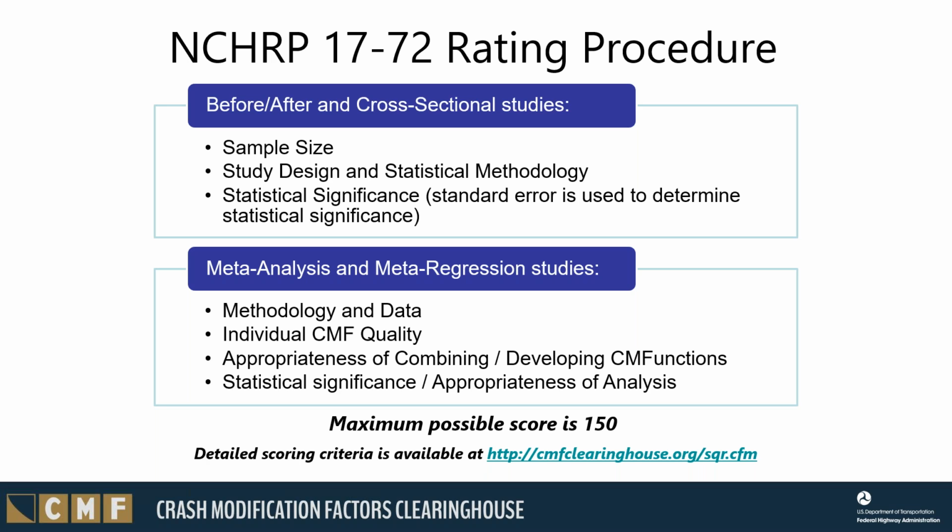Whereas the ratings for meta-analysis and meta-regression studies consider factors such as data, methodology, the individual CMF quality, the appropriateness of combining CMFs, the CMF significance, and also the appropriateness of the analysis. There are multiple levels within these different factors, and points are assigned for each level for a maximum possible score of 150 points.